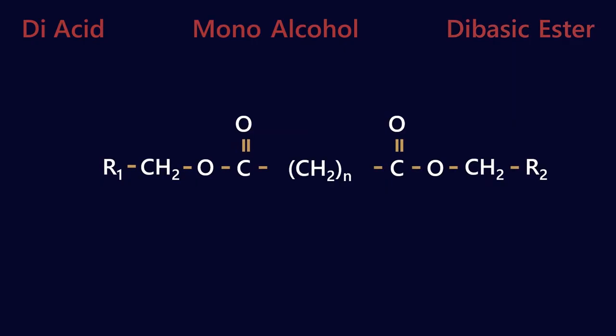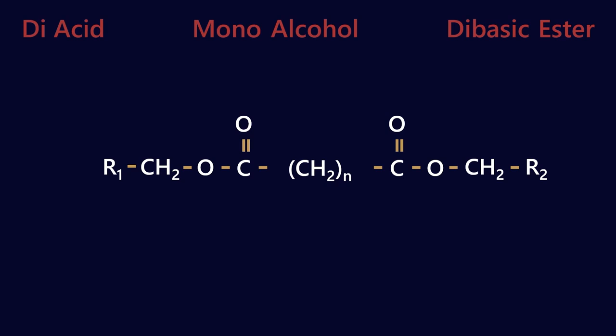So what does the diester look like? Well, it probably looks something more like this. There are two ester functional groups. That's why we're calling it a diester. And in between, we have that R, which is some number of saturated carbons. When I say saturated, it's because they're all single carbon bonds, right? Now, the n there, I'm saying there could be 1, 2, 3, or even 10 of these carbons.